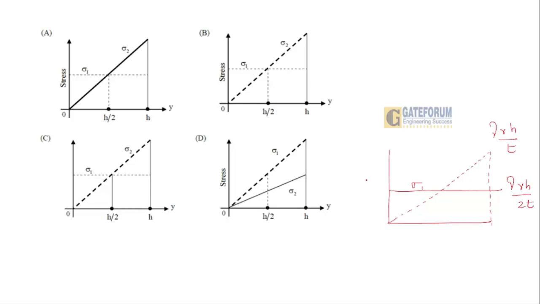Right? So obviously this will be the stress direction, this will be the Y direction. Where do you see this kind of graph where you will have this as H by 2? Check where you will get this graph. Obviously option A. Option A will be the right answer for the given question.